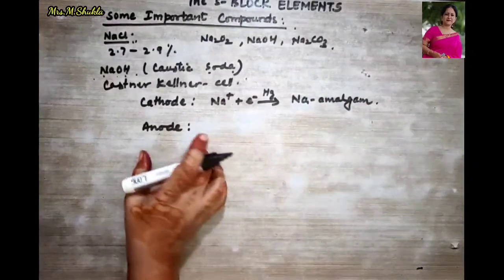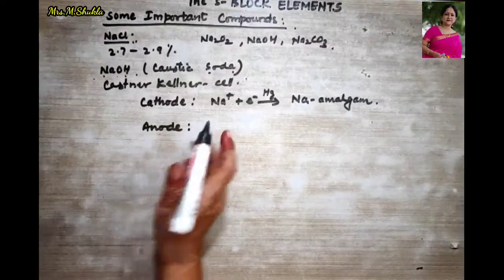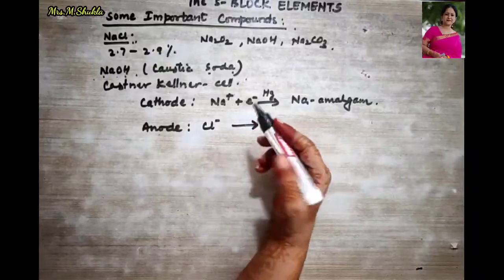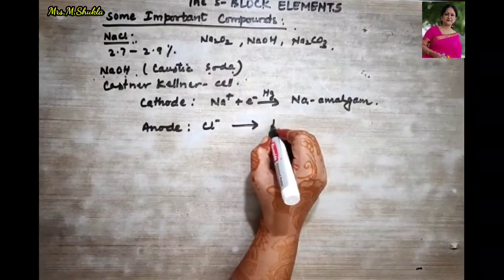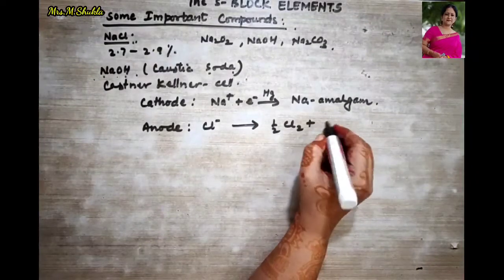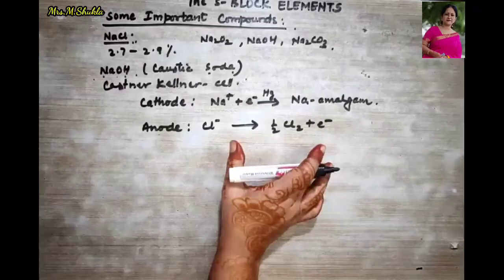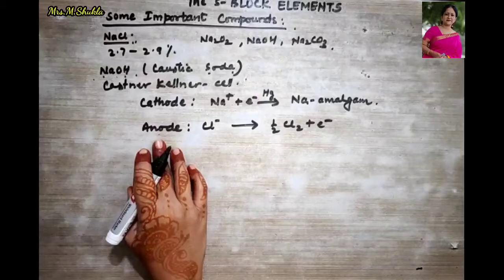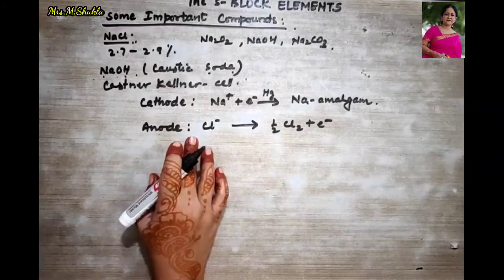Clear? Now what will happen at the anode? The chloride ions present over here are going to lose electrons and form chlorine gas, which will be evolved at the anode. A greenish yellow gas will be seen at the anode.